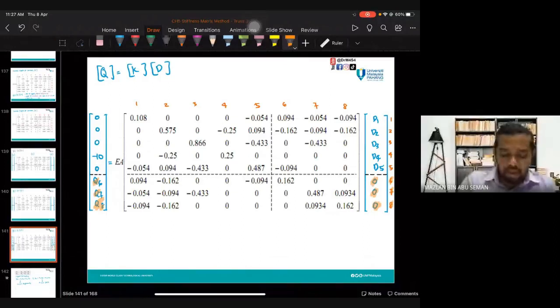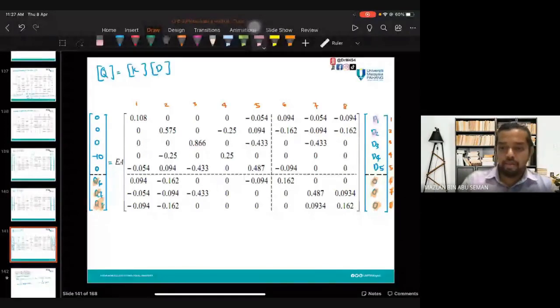When unknown, you have to write the name Q6, 7, and 8. Then displacement unknown: D1, D2, D3, D4, D5. And for Q known, at node 4, given no horizontal force, but it's downward, so negative 10. The rest is 0.